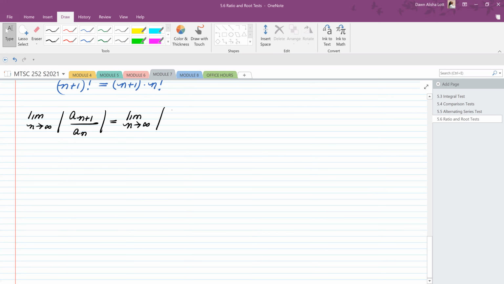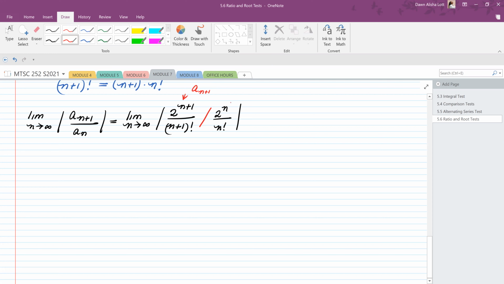So that's 2 to the n plus 1 over n plus 1 factorial, and that divides by 2 to the n over n factorial, which is an.